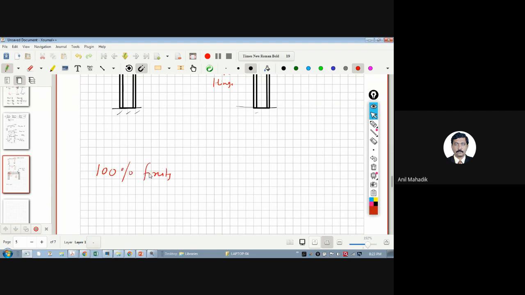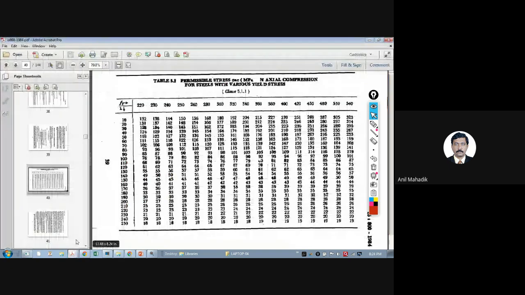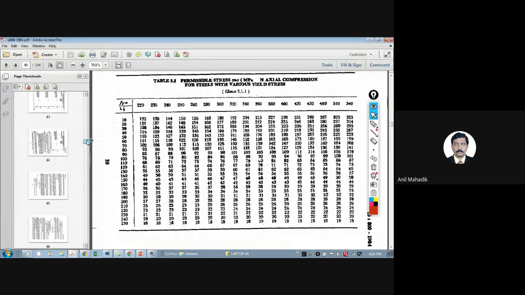Okay. And practically 100% hinge is also not possible. So we are taking a little margin in fixity. We are taking 0.85. I think the code also gives 0.85, or not? Let me check it. 0.65 is given, but there are some recommended values that they are giving.